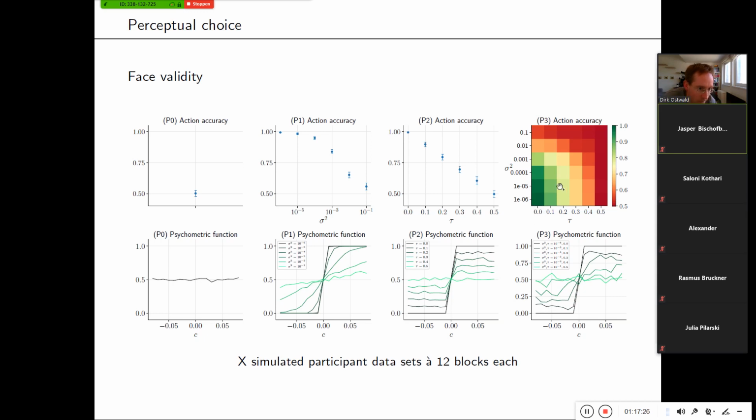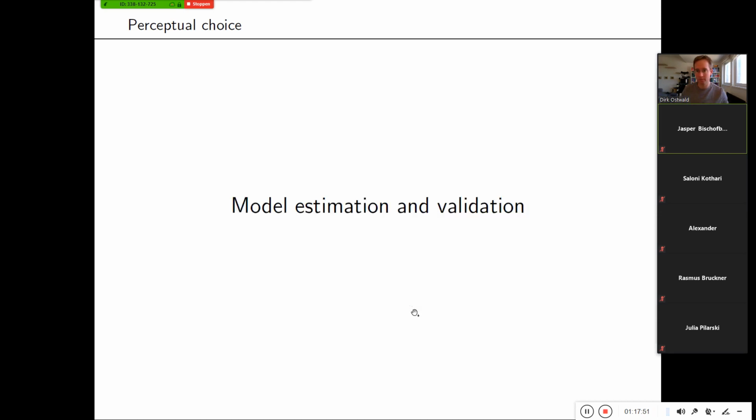Then as we go diagonally through that, things get worse, but I think it's a little bit hard to identify a clear pattern here. It's also fewer participants. One could also plot the analytical versions of this, and this is something I'm not quite finished with yet. I have done that for the psychometric function, but I still have to work a little bit on that.